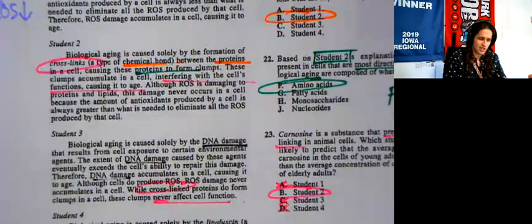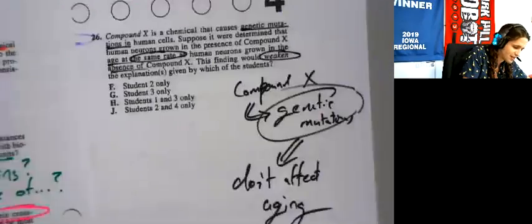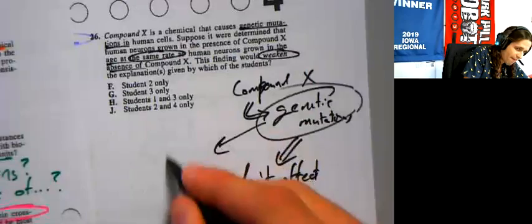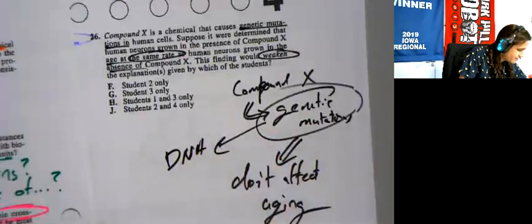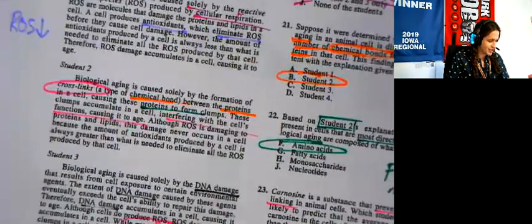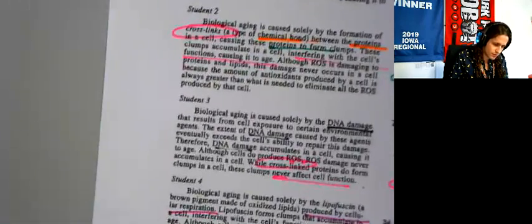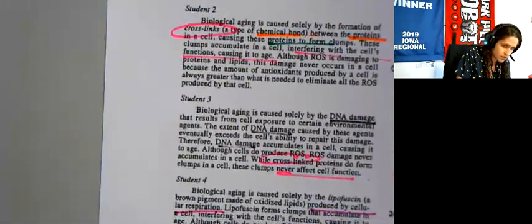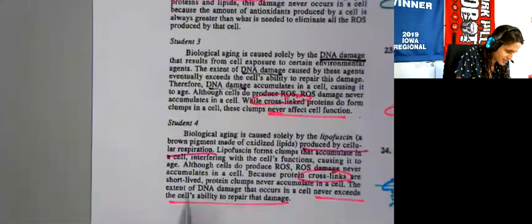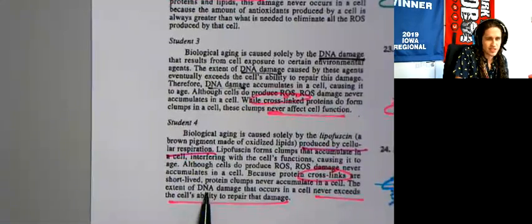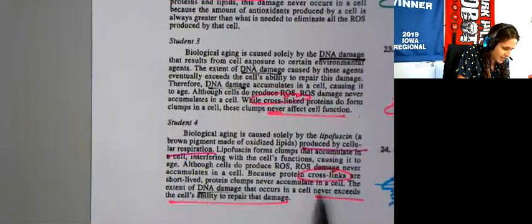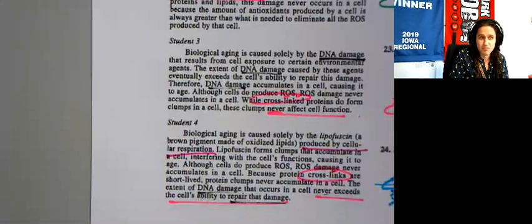You got to know genetic mutations are really talking about DNA. Who talks about DNA damage? Student 4 seems to talk about the extent of DNA. This says that DNA damage is easily repaired, so it's not student 4. It's going to be student 3 only.